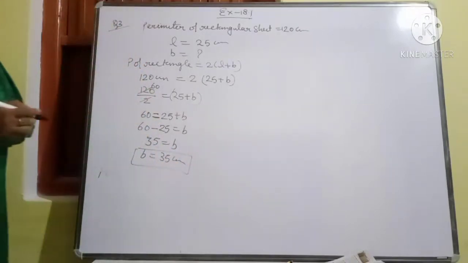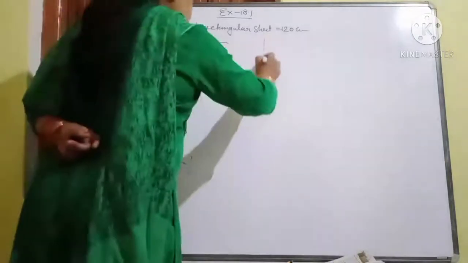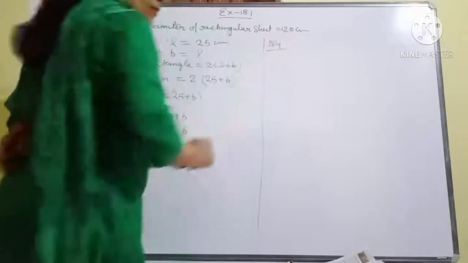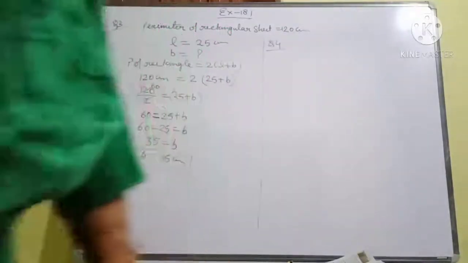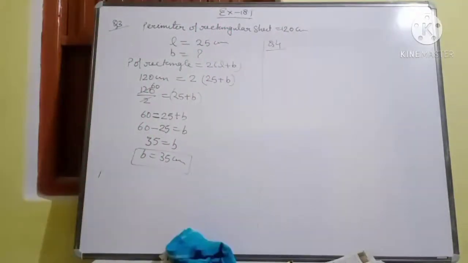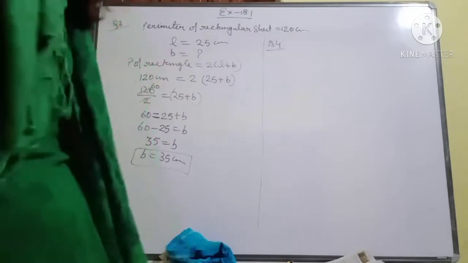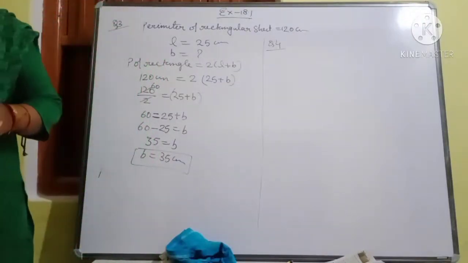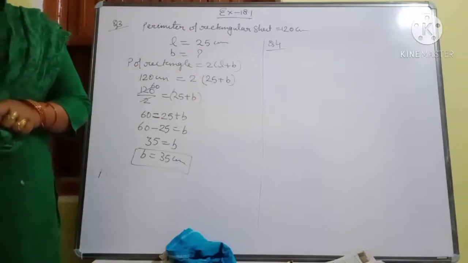Okay, now come to question number 4 and see what it is. Now see, beta, question number 4: a wire is in the shape of a rectangle. Its length is 20 centimeter and breadth is 12 centimeter.